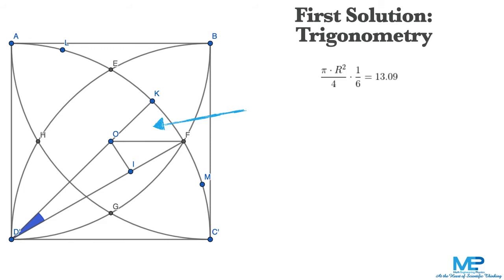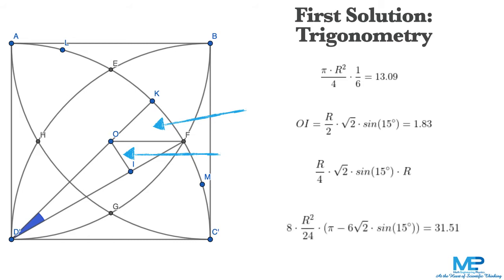This calls on us to determine the length of segment OI, which represents the height of the triangle. This is calculated using trigonometry by this relation, where 15 degrees stems from recognition that the angle in blue is the sixth part of a right angle. Therefore, the area of triangle ODF will be expressed by this relation. Finally, the target area will be 31.51.